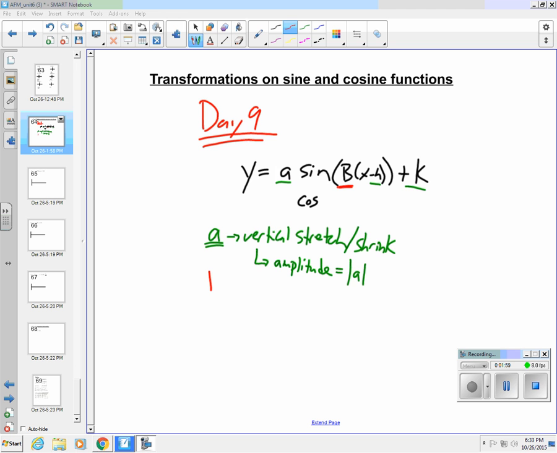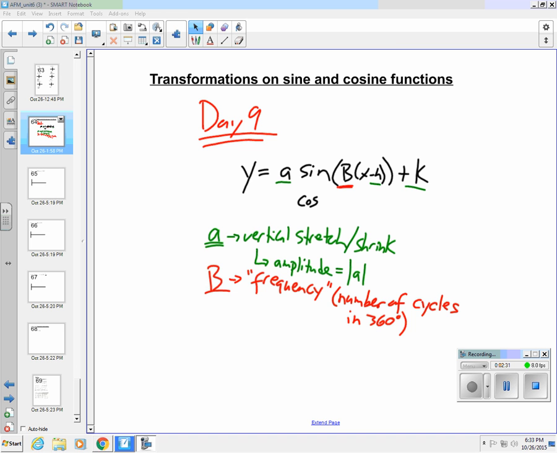So next thing is b. This is what's new, and again, this is unique to sine and cosine. This is called the frequency. So what the frequency actually tells you is the number of cycles that this function will complete in 360 degrees. So for the parent function, the frequency is 1.